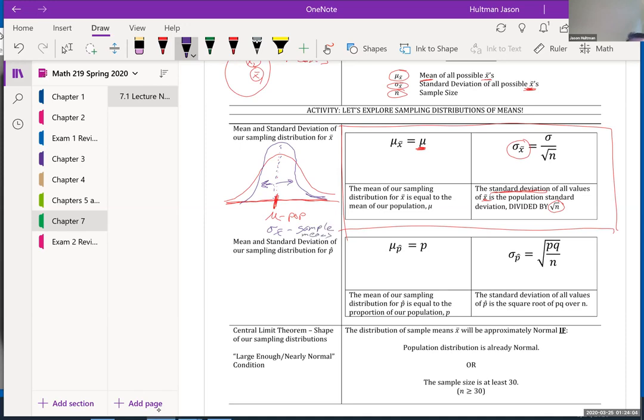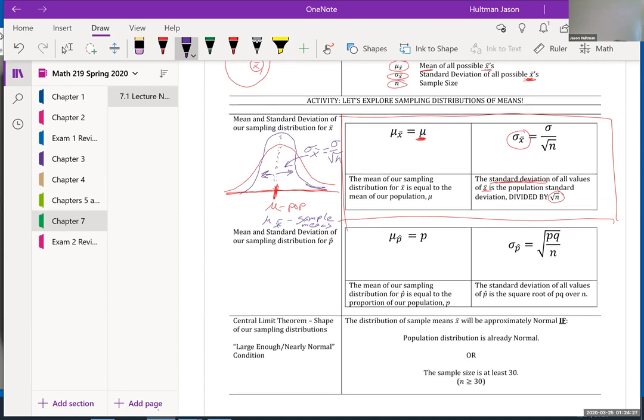Sorry, that was mu. But here the standard deviation of X bar is equal to the original standard deviation divided by the square root of the sample size. And that's how I get my new standard deviation.